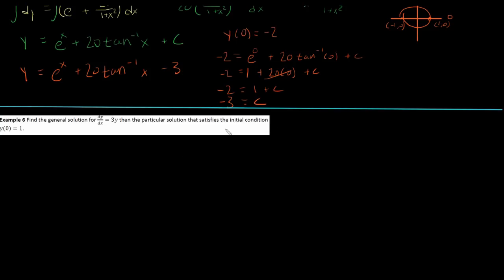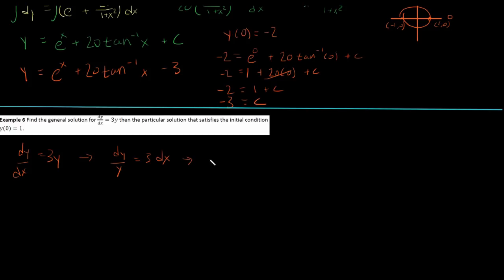All right, so we'll rewrite dy/dx is equal to 3y. Now step 1 is to get your y's on the left and your x's on the right. So if we divide by y and multiply the dx up, we could write this as dy over y equals 3 dx, but I don't think this looks very nice.